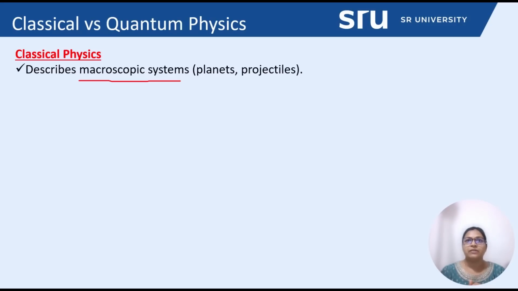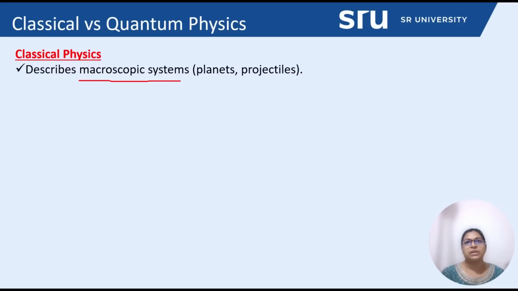Classical physics operates under the assumption that if the initial conditions, like position and velocity, of any system are known, its motion can be precisely predicted.